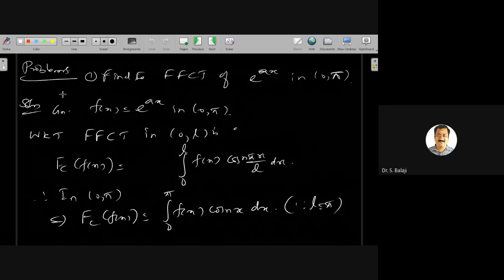Now take some problems based on these definitions. Find the finite Fourier cosine transform of e power ax in the interval 0 comma pi.